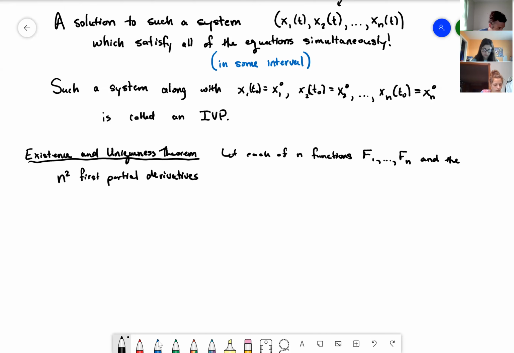So for each function, we're going to be looking at its derivative with respect to each of its possible variables. And then, of course, we have this for f2 as well. Maybe I'll write it like that. So all of the partial derivatives for f2 and then f3, and then finally all the partial derivatives for fn.